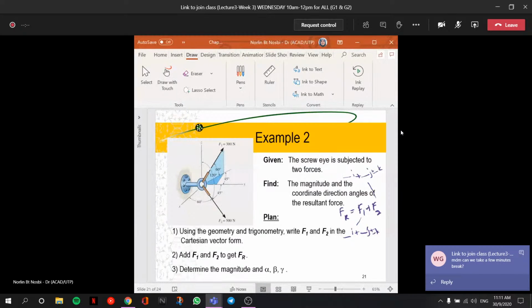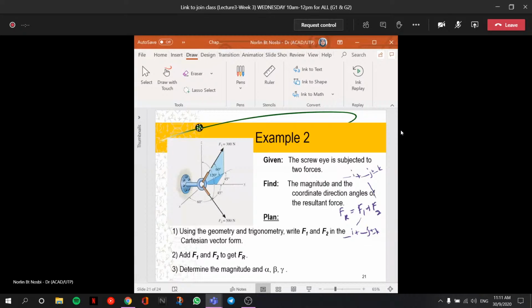Okay, and then from here, when you find the coordinate, you can find the first one, the coordinate. Second, you should find the magnitude for the FR. When you add both of these, you need to find the magnitude. So it's i squared plus j squared plus k squared, the position.